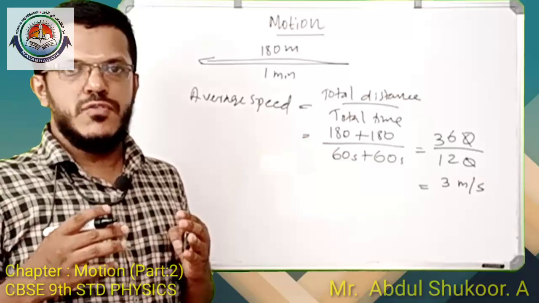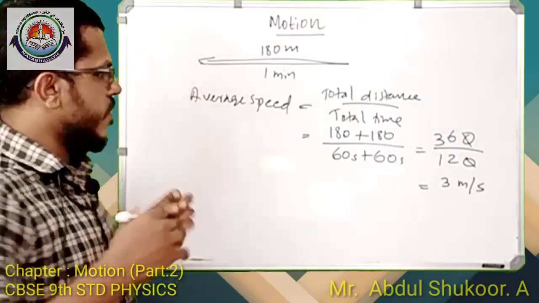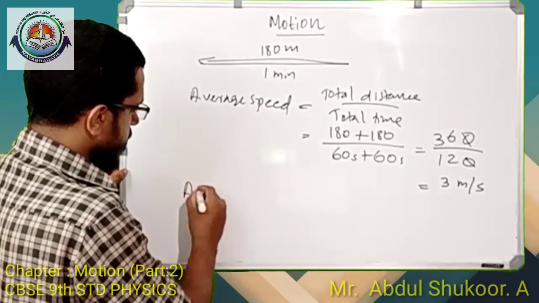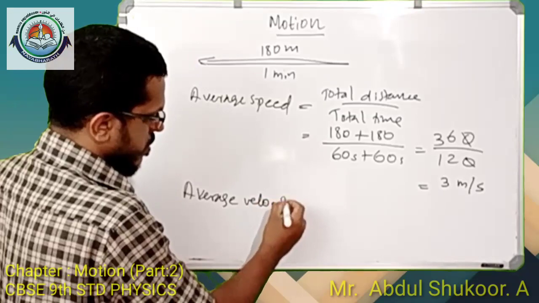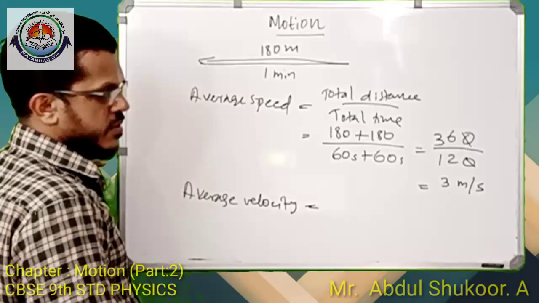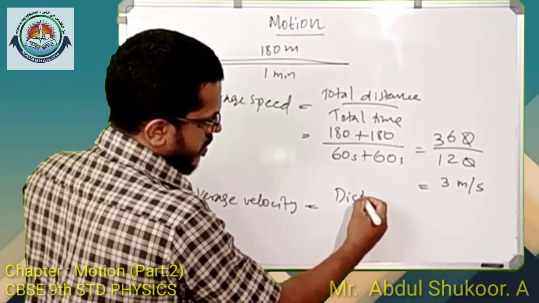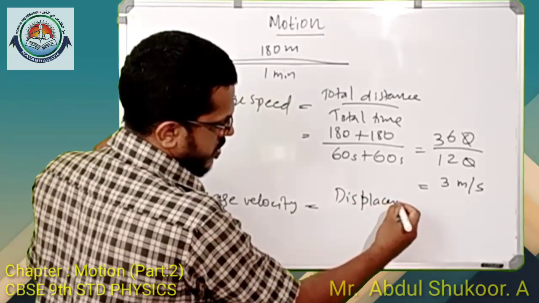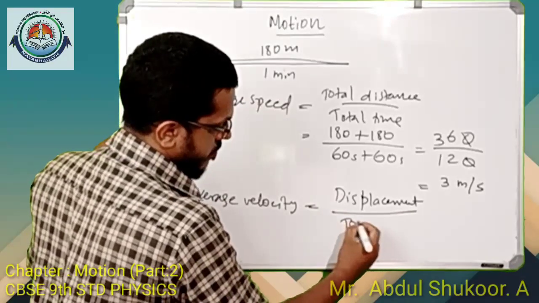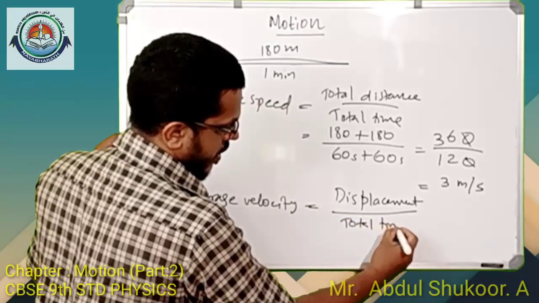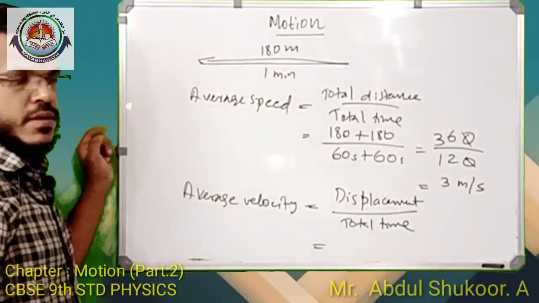Next we are going to find out the average velocity. Average velocity is displacement divided by total time taken. What is the displacement of Usha?